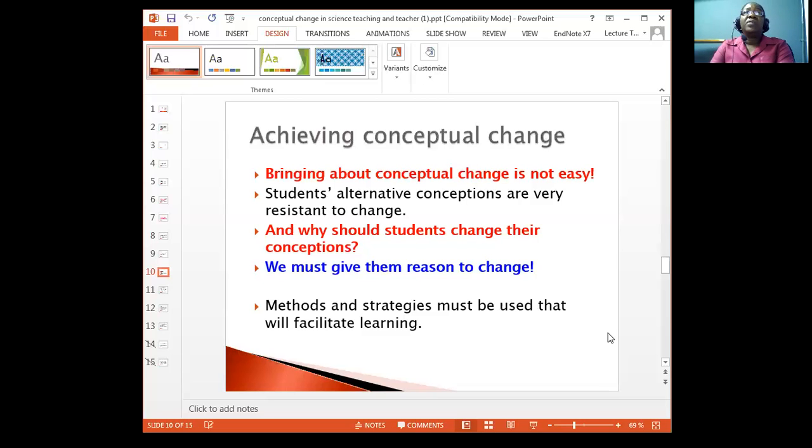When we think about Jamaica, for example, when you talk about biology, there are many misconceptions. Well, there are misconceptions in all the sciences, but in biology it's pretty easy. There are so many misconceptions about reproduction, all sorts of weird ideas about diseases.